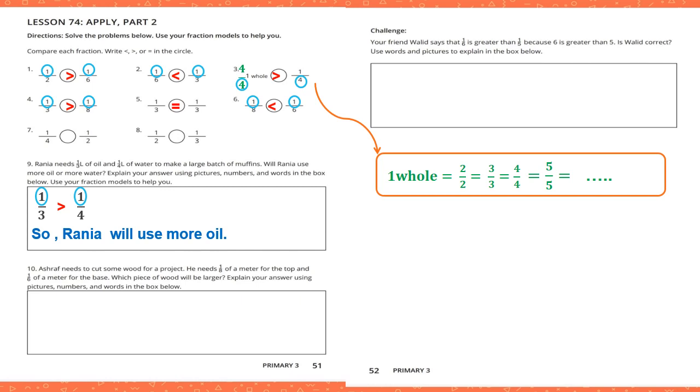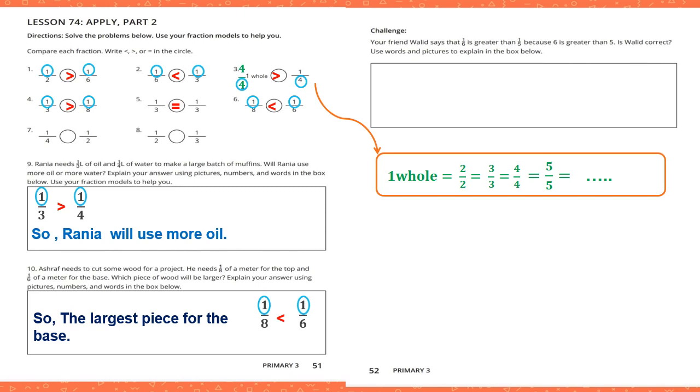Which piece will be larger, the top or the base? We have 8 here, and 6 here. We have the same numerator, so the smaller denominator is bigger. So 6 is bigger, which is for base, the largest piece for base.